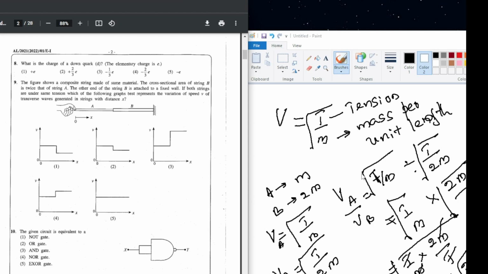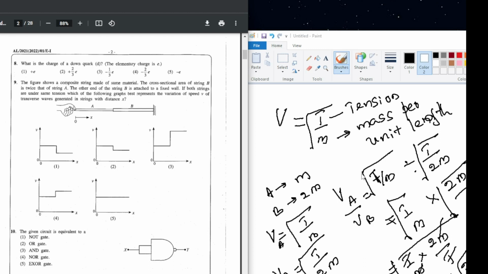If VB is 0.5 VA, the answer would be this, because this height is half of this height. But VB is not half of VA, it is 0.7 VA. So the answer is this second one.